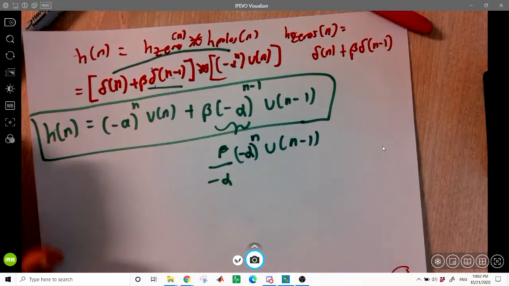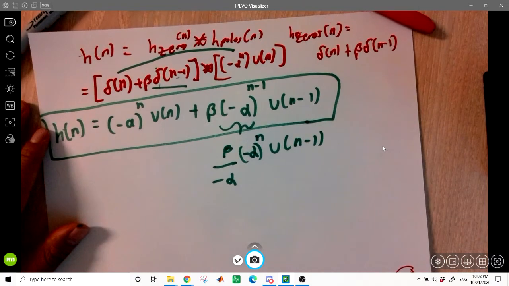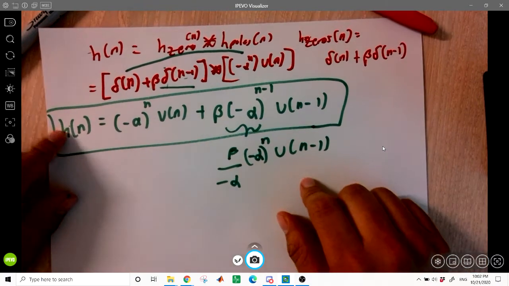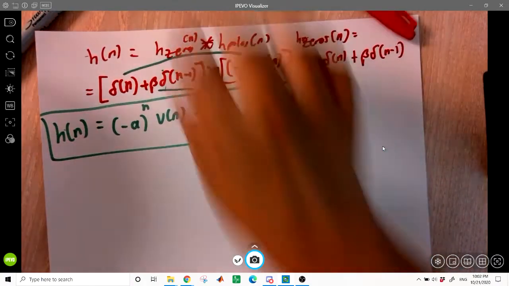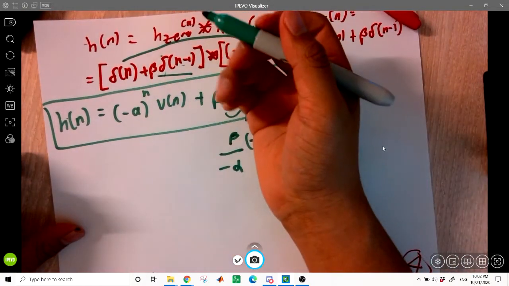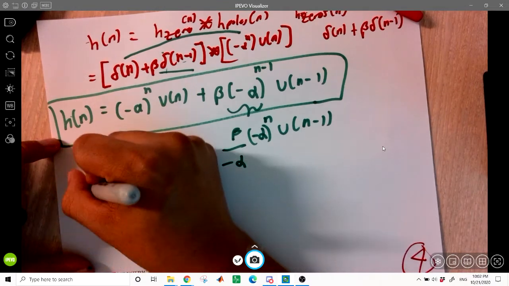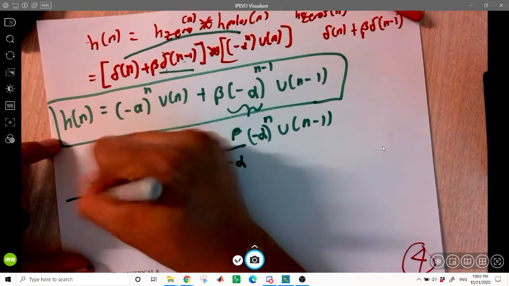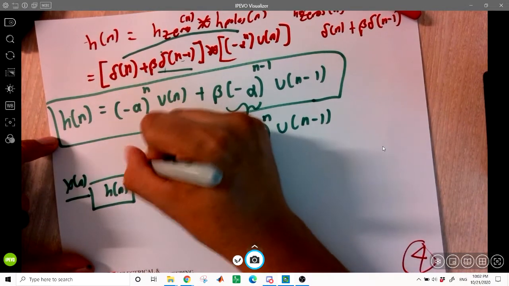So now the next thing you're probably saying is, all right, now we have our impulse response, so how do we check for stability? What we're going to do is we have our system, h of n, x of n, and y of n.